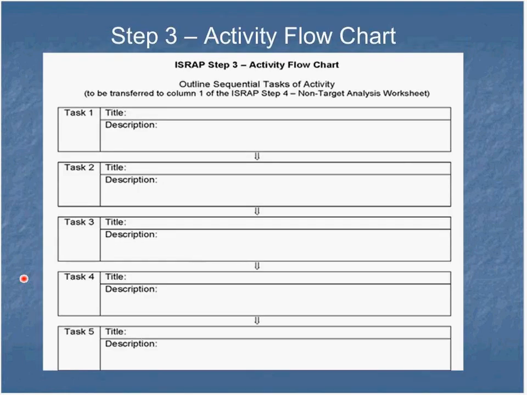The flow chart includes a simple task number and the description of the task, and this comes from the activity description.